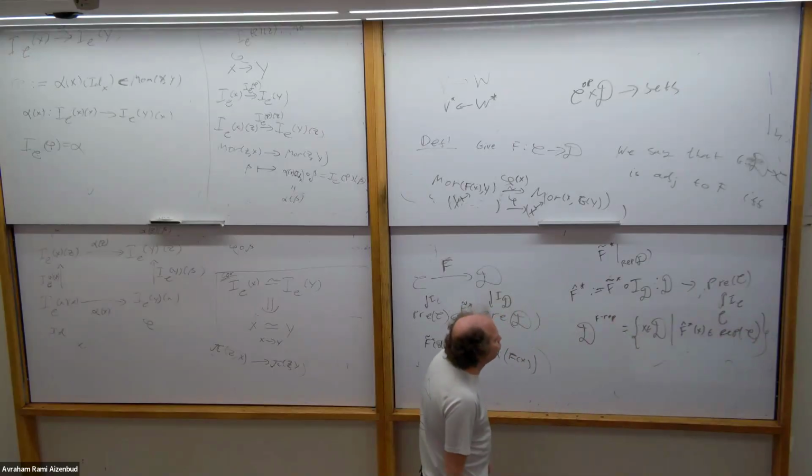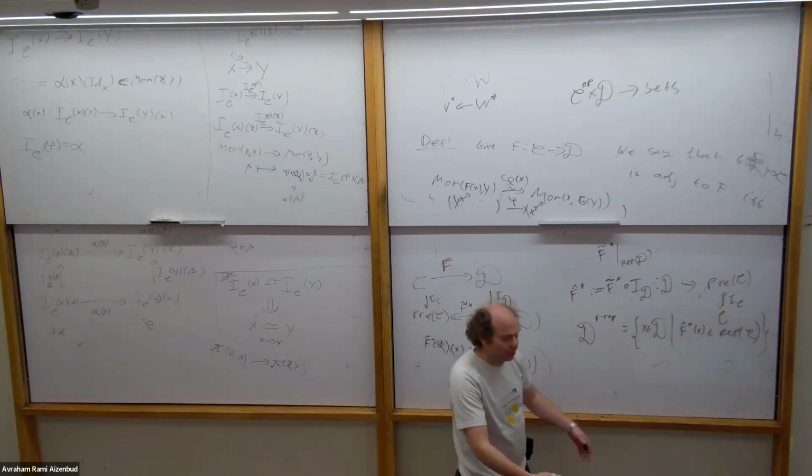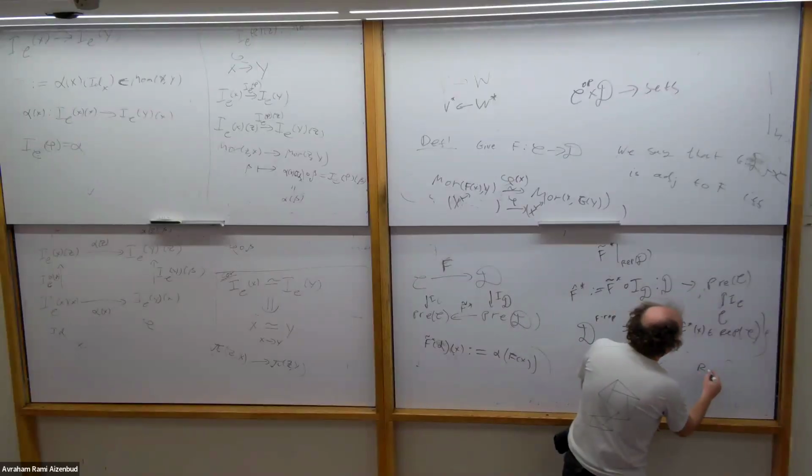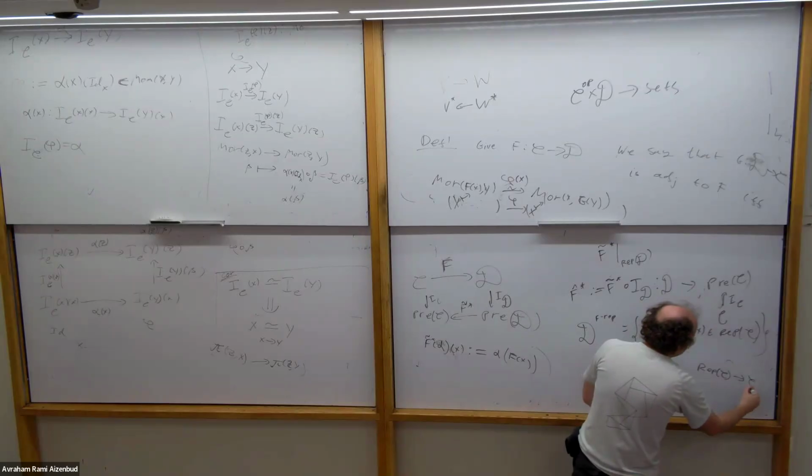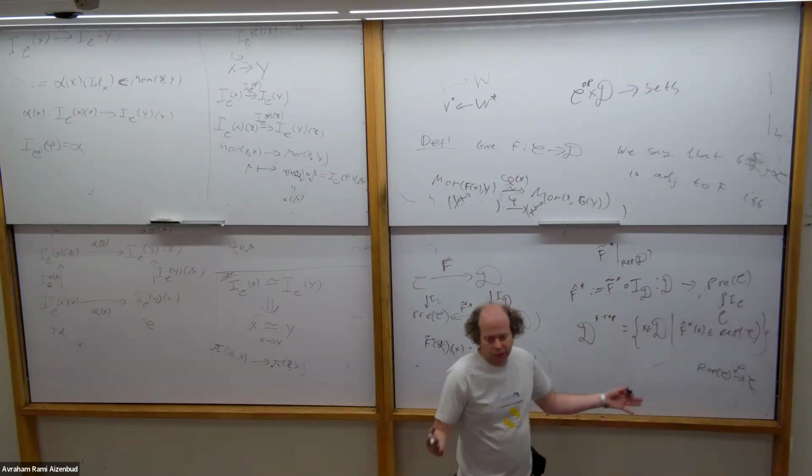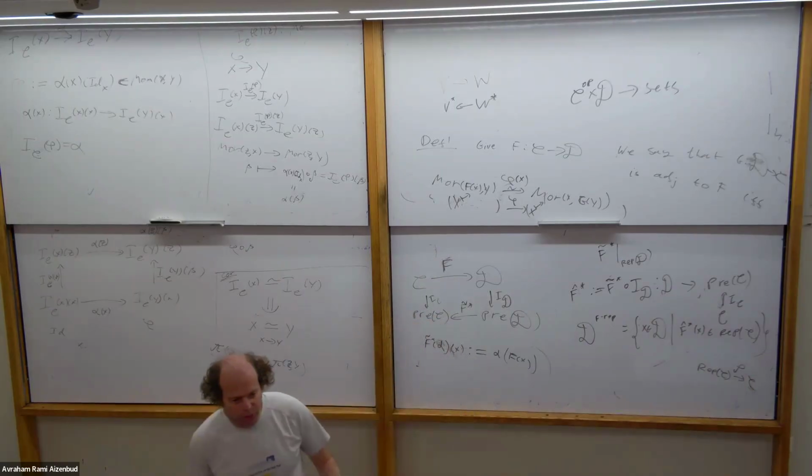And also let's choose a representation functor rho from that to C. It's not unique, but it's unique up to unique isomorphism.